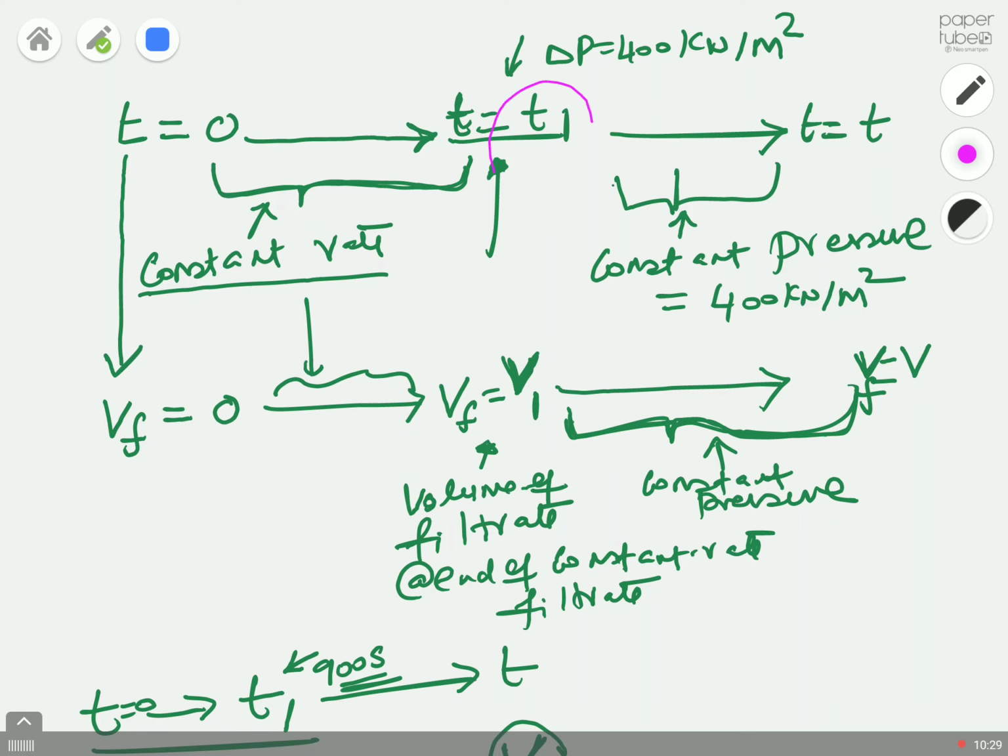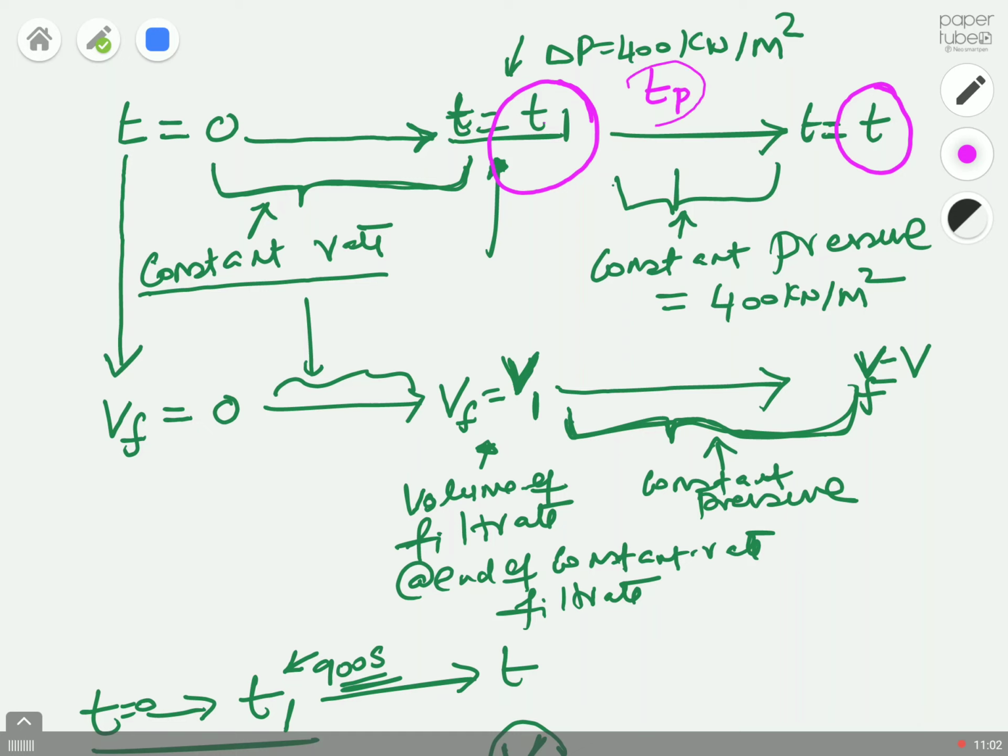So we have T1 and we have T. From T1 to T, that's the period where we are going to operate the filtration unit at constant pressure, or delta P is going to be constant, and the total filtration time from T1 to T, I'm going to call it Tp.